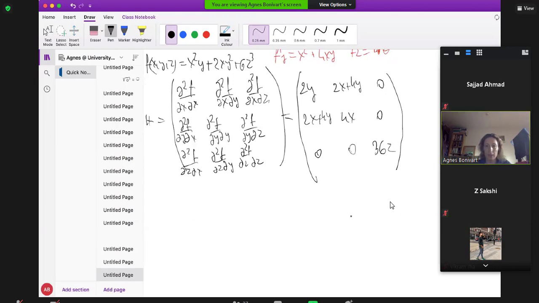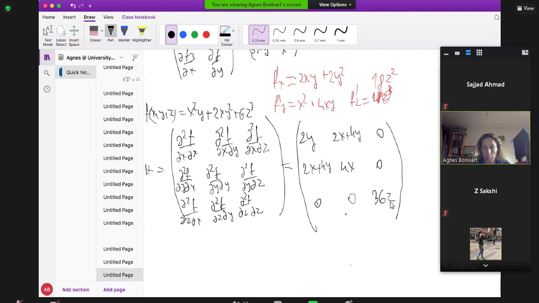Okay, so this is the Hessian matrix, where we have to write the second derivatives of the function. It depends on 3 variables, so it has 3 times 3, 9 entries. It's a 3 by 3 matrix, so it has 9 second derivatives.